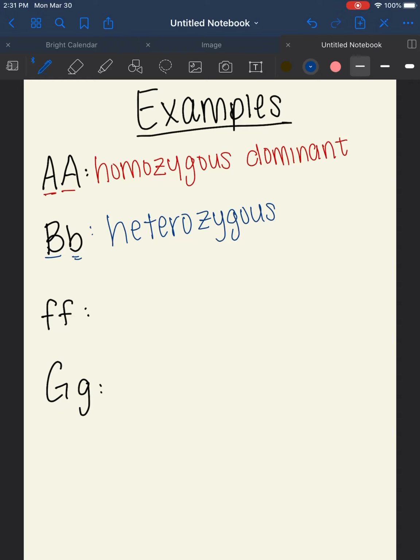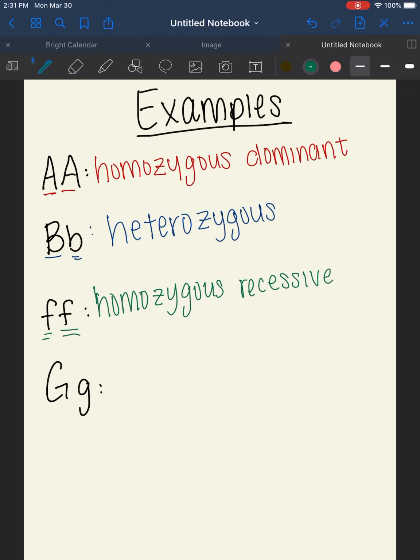Okay, the next one, I have little f, little f. Okay, so they are both the same size. They are both little letters. So that tells me they are homozygous. Okay, they are homozygous. And since they're both little letters, they are homozygous recessive.